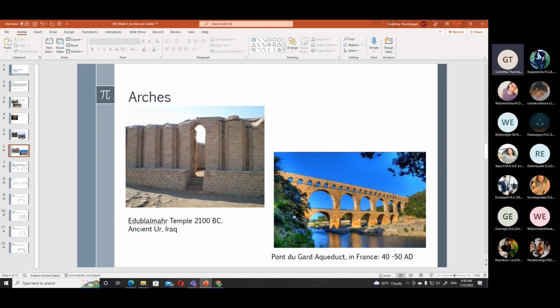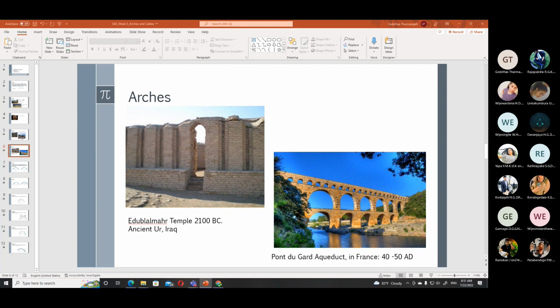So one of the main reasons they started using these arches was in aqueducts, because when Rome was flourishing, they needed to bring water from faraway places. So an aqueduct is a structure they used to bring water from faraway places to fulfill the Rome's water requirement. So this is around 40 to 50 AD, that means about 2000 years ago, this aqueduct was built.